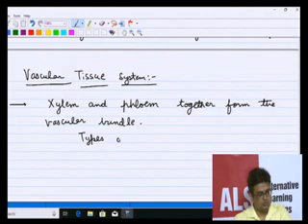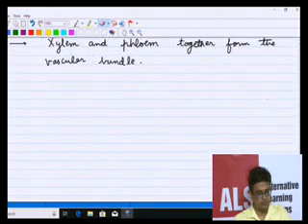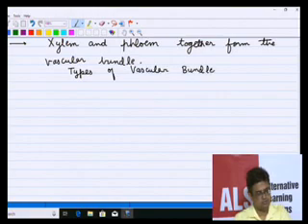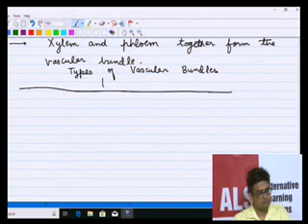Types of vascular bundles. I'll do this on the next page, otherwise this will become very short. The first type that we have to deal with is the radial vascular bundle.